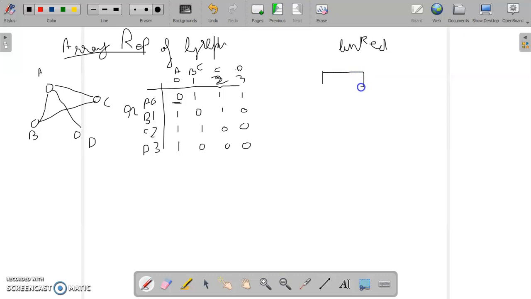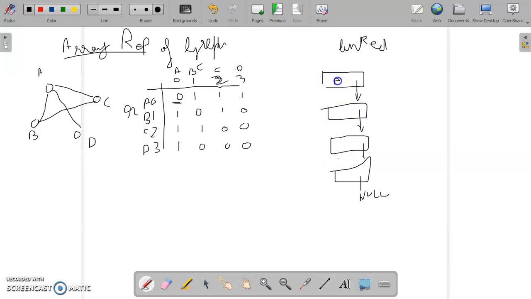So a linked list of nodes first of all. There are 4 nodes. So we are going to have 4 elements in the linked list. And we put entries over here.